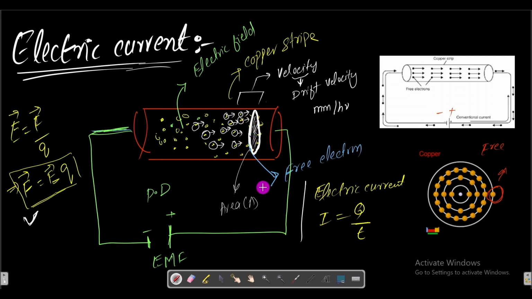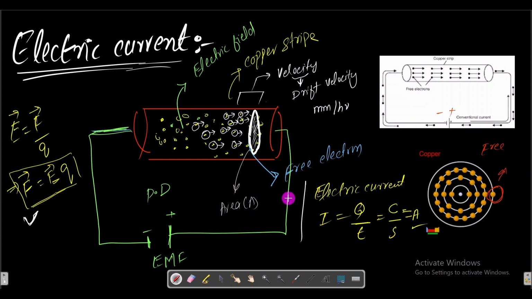The unit of charge is coulomb, and the unit of time is second. Coulomb per second is equal to ampere, so the unit of current is ampere.